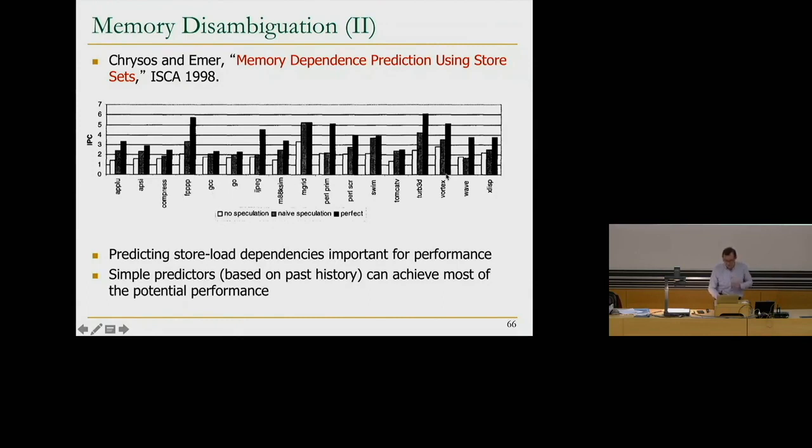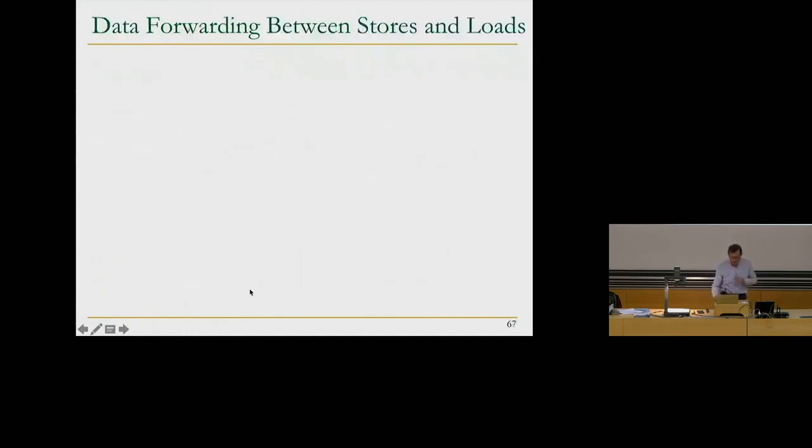So some of these are actually still used. But basically, if you look at this, the conservative approach is actually terrible. The aggressive approach is a little bit better, but the perfect approach has a huge gap. So that's why you would like to handle this well. So simple predictors actually can achieve most of the potential performance. Okay, I'm not going to talk about how to do the prediction. You can leave that to your imagination.